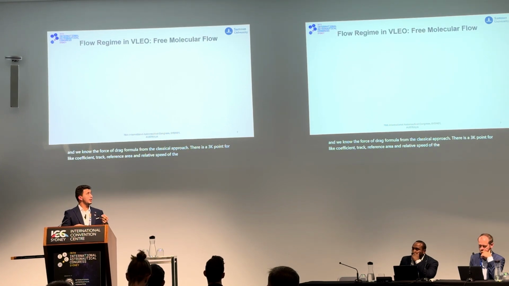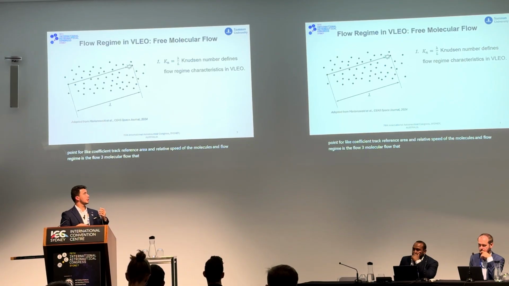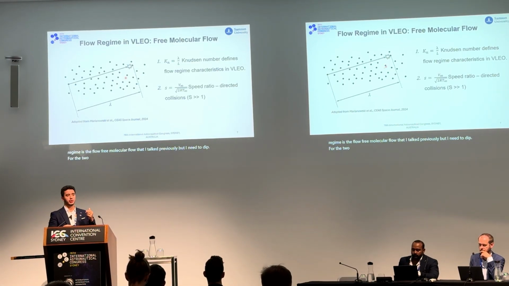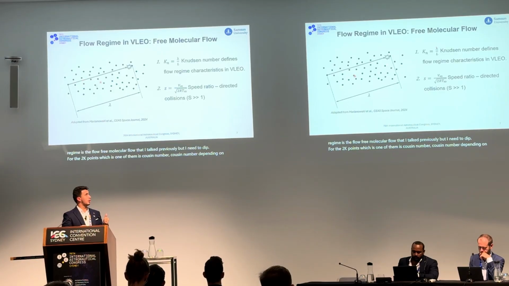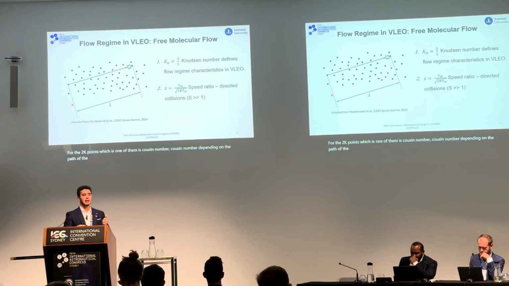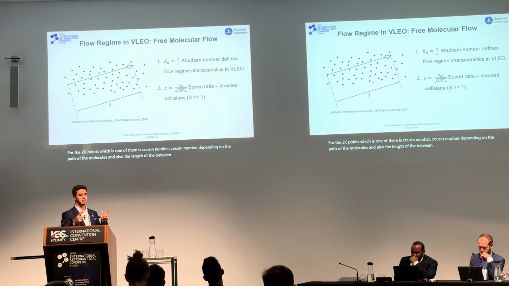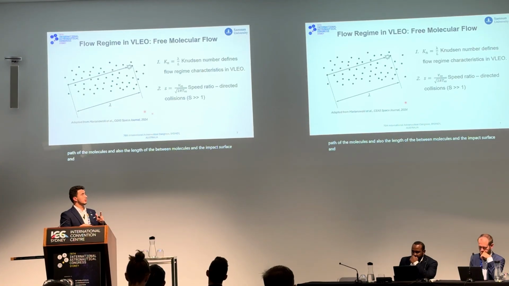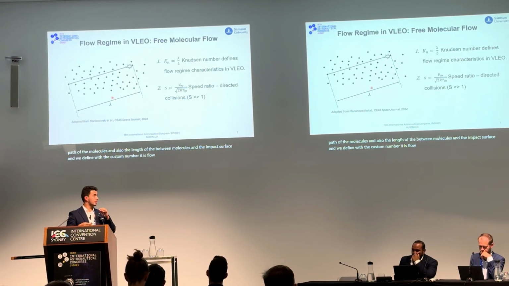The flow regime is the free molecular flow that I talked about previously, but I need to go deeper into two key points, one of which is the Knudsen number. The Knudsen number depends on the path of the molecules and the length between the molecules and the impact surface. We define with the Knudsen number the flow regime characteristic in very low Earth orbit.